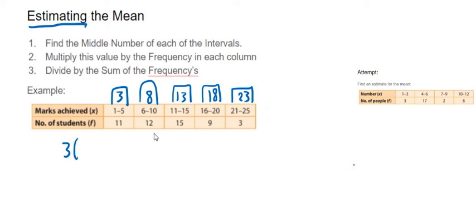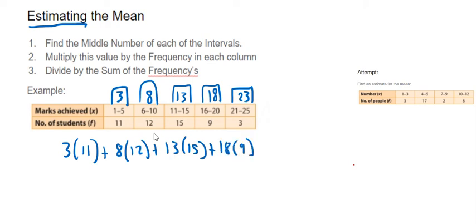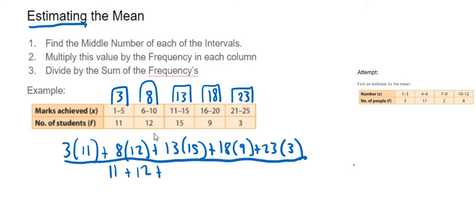So 3 multiplied by 11 plus 8 multiplied by 12 plus 13 multiplied by 15 plus 18 multiplied by 9 plus 23 multiplied by 3. And you're going to divide that by the sum of all of the frequencies. So 11 plus 12 plus 15 plus 9 plus 3.